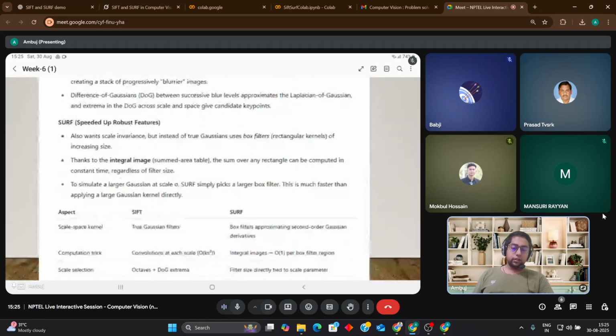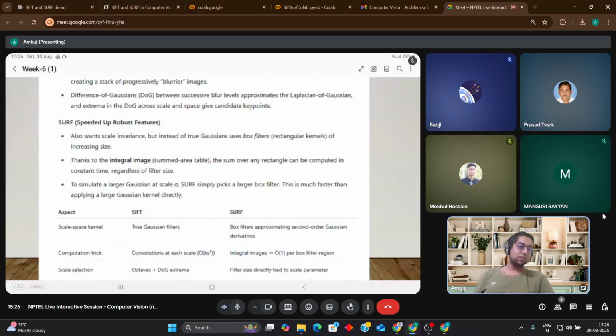It also wants scale invariance and faster convergence, but instead of true Gaussians, it uses box filters, which are nothing but rectangular kernels of increasing size. Because of the integral image, the sum over an entire rectangle can be computed in constant time regardless of the filter size, simulating a larger Gaussian at scale sigma.